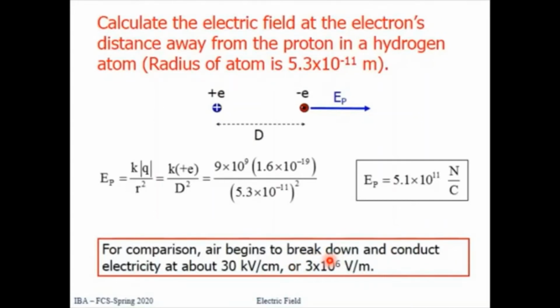Generally, air gives infinite resistance, but electrons conduct within air if we have this amount of electrostatic field. But this is a very huge number compared to that number. So in an atom, we have a very strong electrostatic field so that the electron is bound to the nucleus.